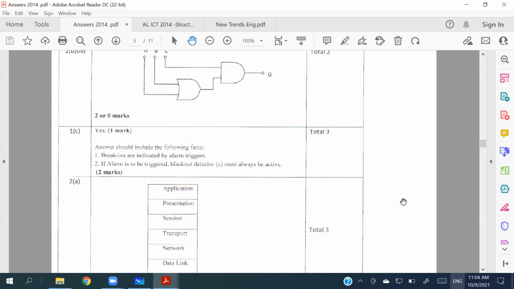In the truth table, the alarm has triggered when the blackout detector is active in all the cases. Right? So if you have given those 2 factors, you can take 3 marks. And see how many you collect out of 50.